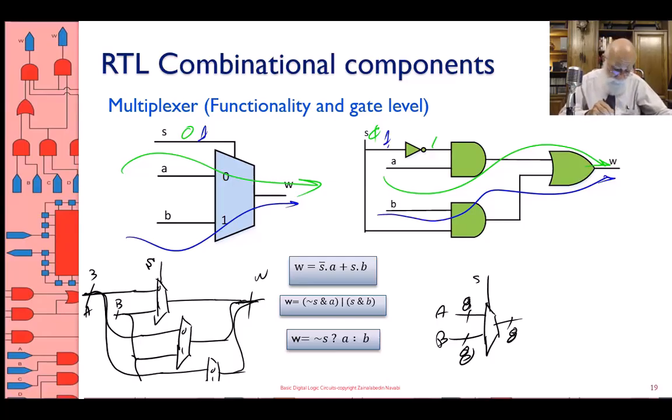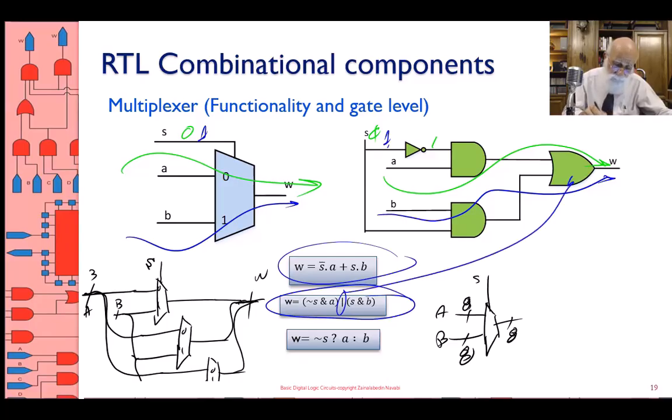How do we write it? We write it as such. This is the Boolean expression. This is the Verilog description of it: tilde S and A, or with S and B. Tilde for not, S and A, or.